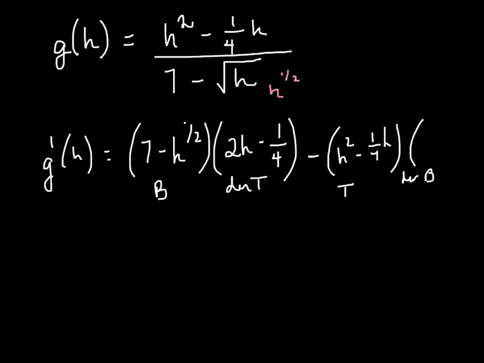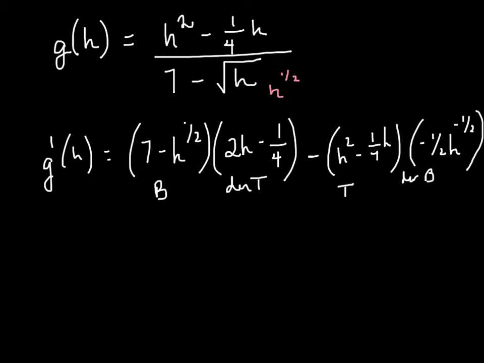The derivative of the bottom is simply going to be, remember the derivative of 7 is 0, so this is going to be negative 1/2 h to the negative 1/2. And I put this one in here because you look at the bottom as a separate part. I don't want you to be thinking about it being in the denominator and confusing yourself.